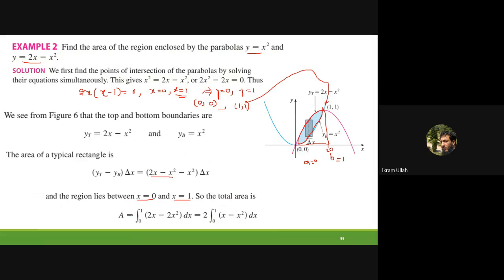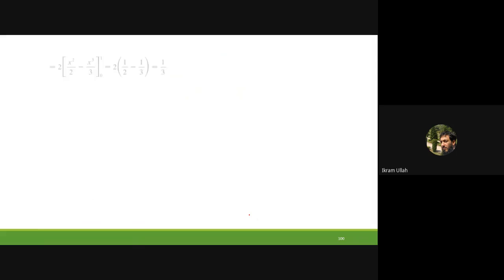So the total area is represented by A, the integral from 0 to 1, because a is equal to 0 and b is equal to 1, of 2x minus 2x square dx. So this is equal to 2 times, taking 2 out commonly, the integral from 0 to 1 of x minus x square dx.